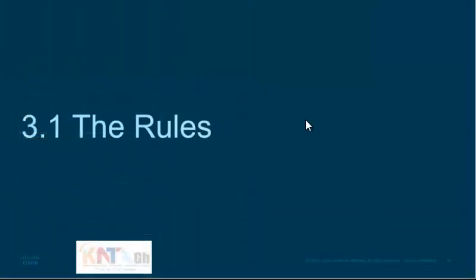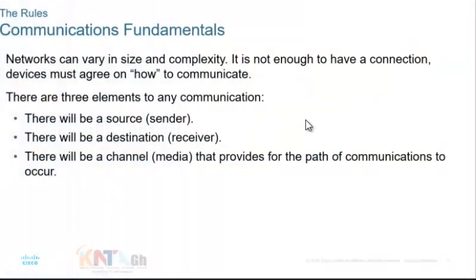The rules. We'll look at communication fundamentals. Computer networks can vary in different sizes and complexity. It may not be enough to have a connection. Devices must agree on how to communicate.